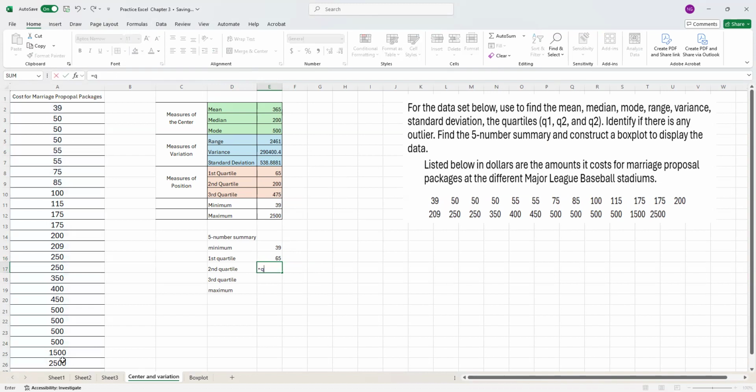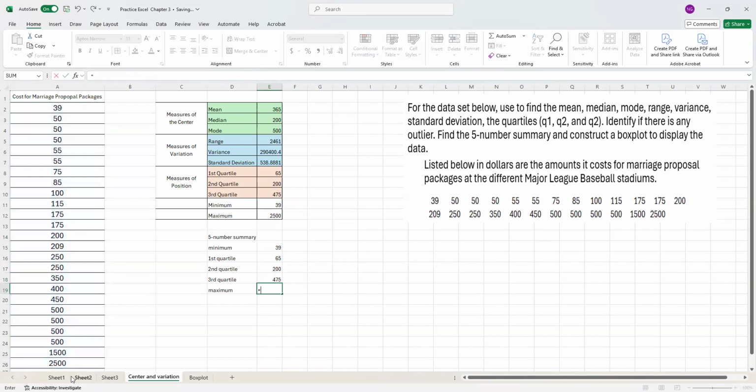For the second quartile, we do the same thing. Select the data set, comma two, close parentheses. Third quartile, select the data set, three, close parentheses.